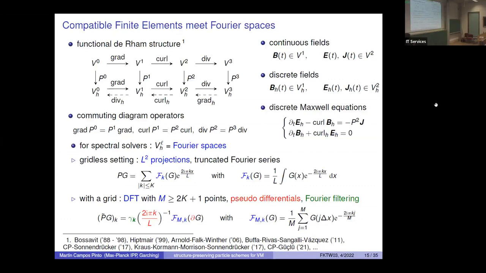If you want them to commute, then you start with this one that you define as a DFT projection, and then you go up in the sequence by taking the DFT of the derivative and by taking the antiderivative in Fourier space, so that you actually commute with the differential. Okay, so it's an ad hoc construction of DFTs that will commute, and this is all well defined and posed.